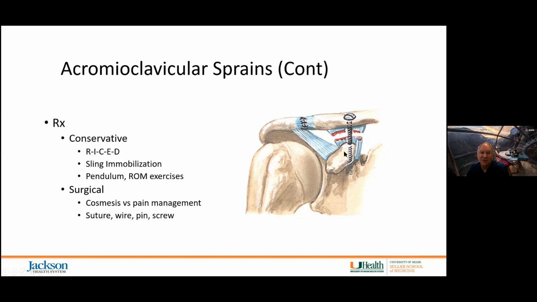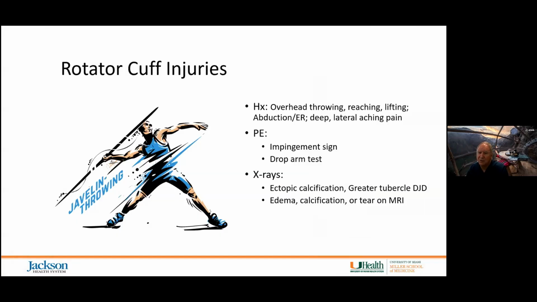The problem with doing these surgical interventions is that usually you develop degenerative changes over time and you have to go in and remove the hardware. So otherwise, the therapy program to get this person back to full function, again, you start off with sling immobilization and then pendulum and range of motion exercises, moving on to strengthening exercises.